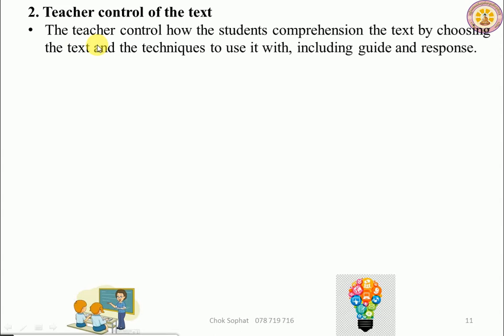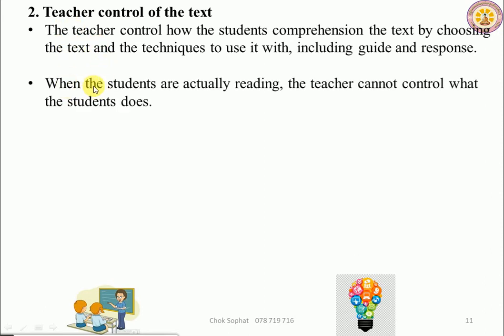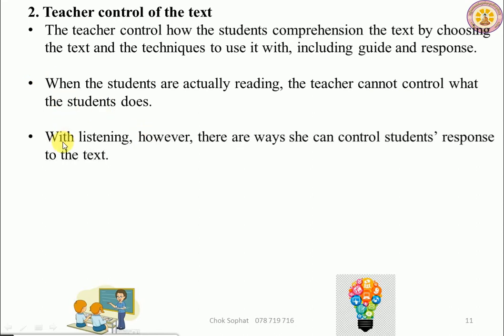This is the way that the teacher can control the reading text while they teach the reading. When the students are usually reading, the teacher cannot control what the student does. With listening, however, there are ways she can control student response to the text.